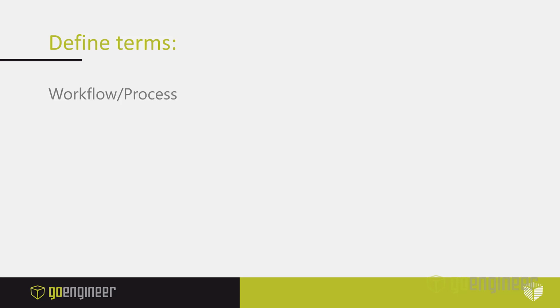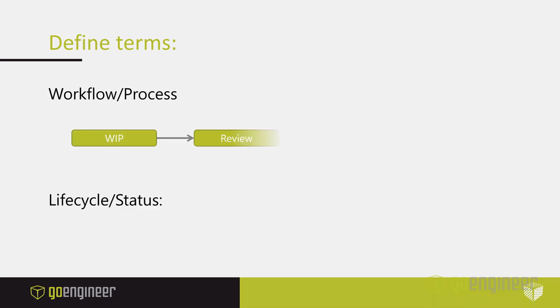Throughout the course of this webinar, I'm sure I'm going to say the word workflow and process 1,000 times. We'll also be talking about terms like lifecycle and status, and state, things like that. Now, typically when we're talking about workflow and process, we're talking about non-cyclical process flows for decision-making and determining outcomes.